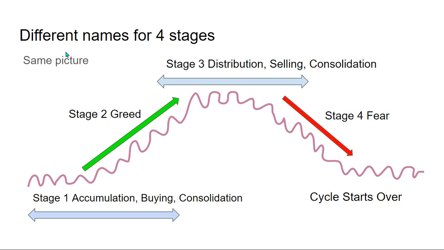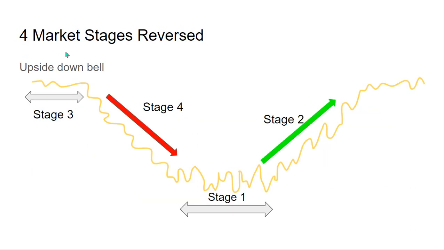These are different names for the 4 stages, including accumulation, greed, distribution or the peak of a move, and then stage 4, fear. This is the reverse. What happens when stocks or companies go into a downtrend, stage 4, and then they consolidate in stage 1, and then many companies will return back to a growth stage or another uptrend.